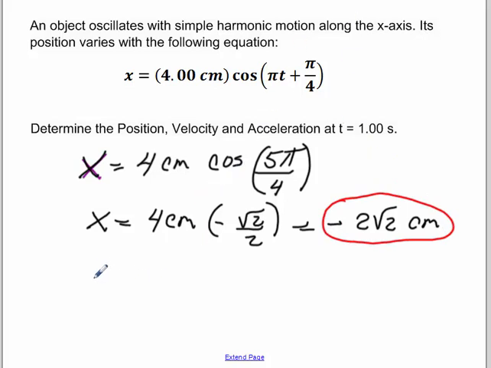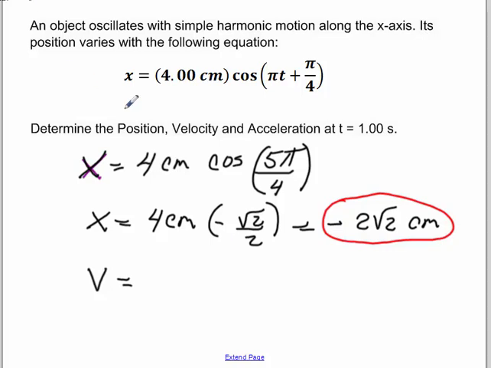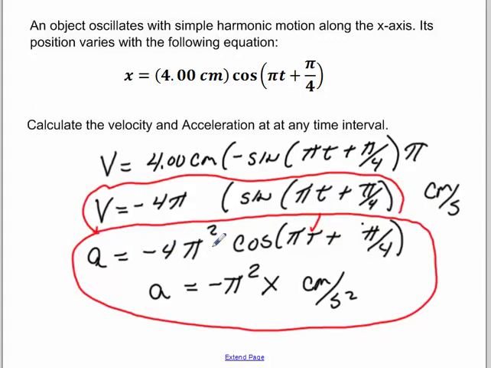Now to find the velocity, I go back to the equation that we generated right here. I will put t in as 1. Again, I will not go through all the values, but you will get 2 pi times the square root of 2, and that would be in centimeters per second. And the acceleration, again, I will use the equation previously right here.